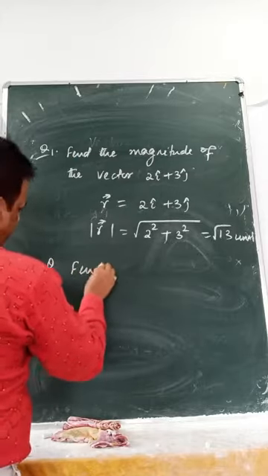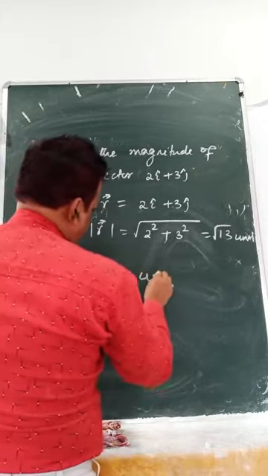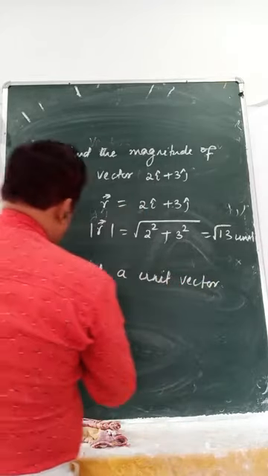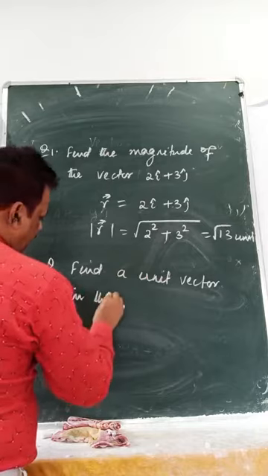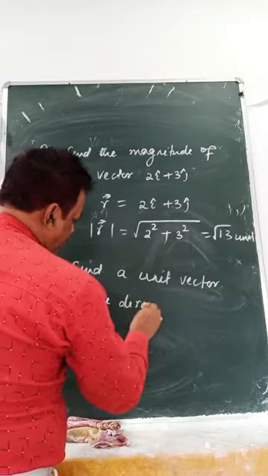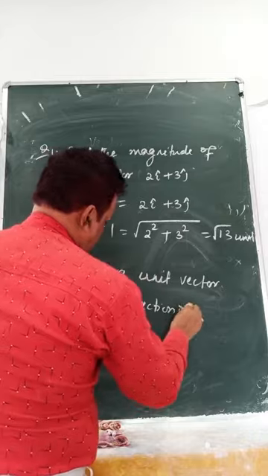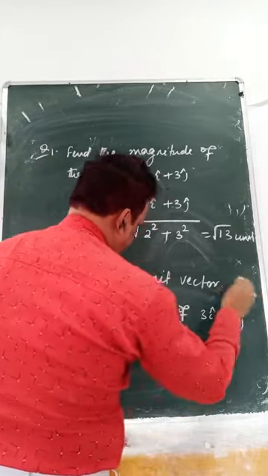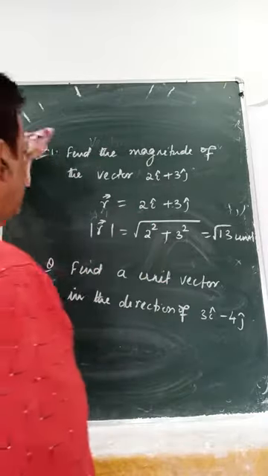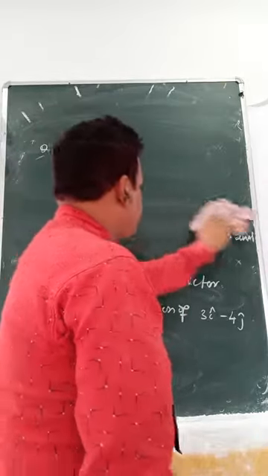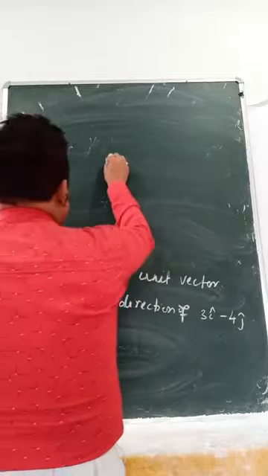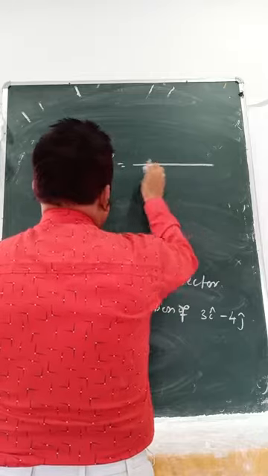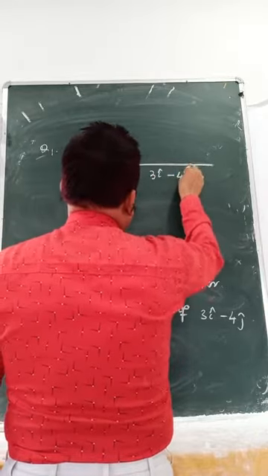Now, if you are asked, find a unit vector in the direction of 3i minus 4j. Suppose. Okay. Look at here. Suppose your R vector equals to 3i minus 4j.